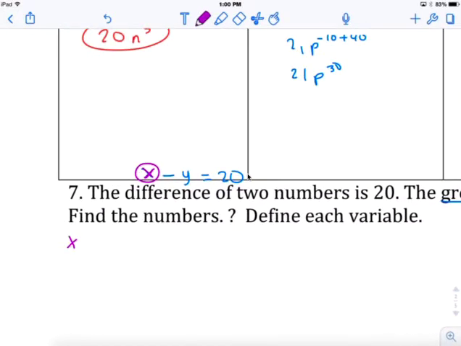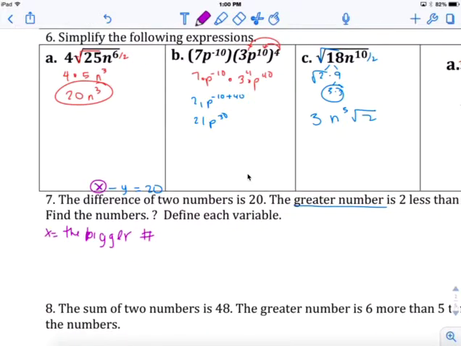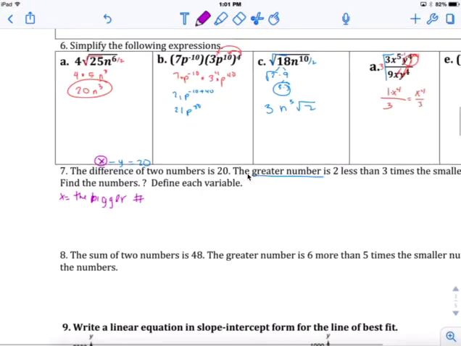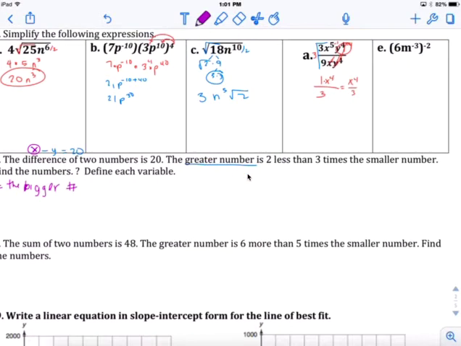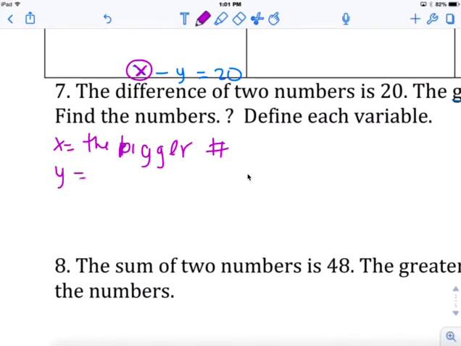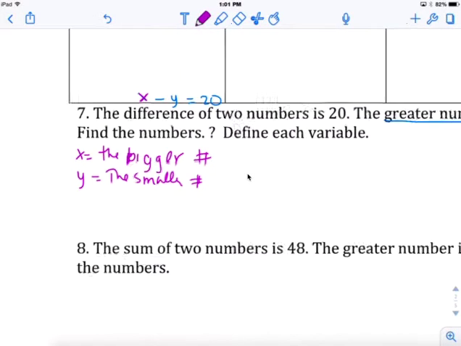So x is the bigger number of the two, or the greater number. And y then is called the smaller number. Y is the smaller number.